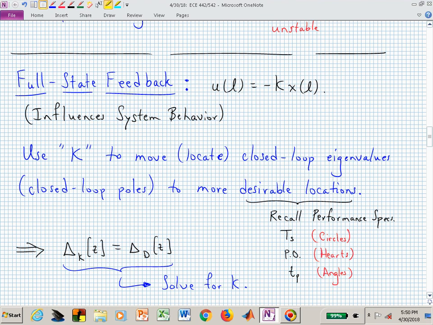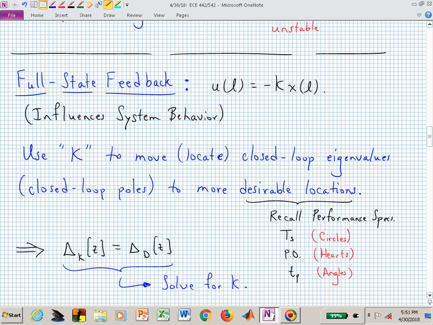If we get closer to the origin with our dominant poles in the z-plane, what's our behavior? Is it faster or slower? The closer we get to the origin, the faster our system is going to behave. These concentric circles, getting close to the origin, is going to speed up our system response.